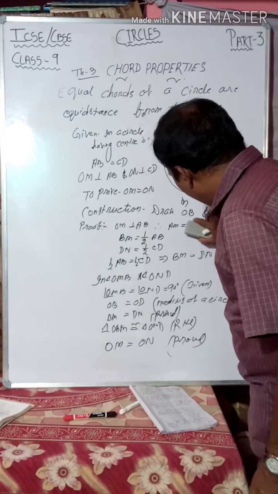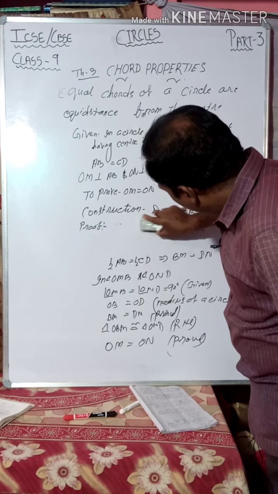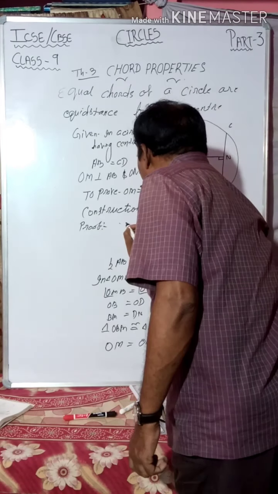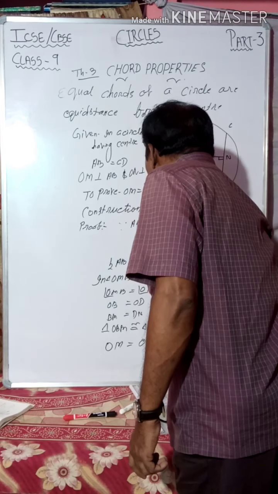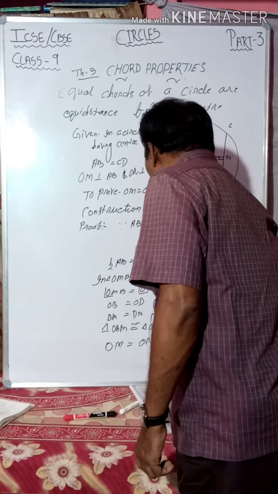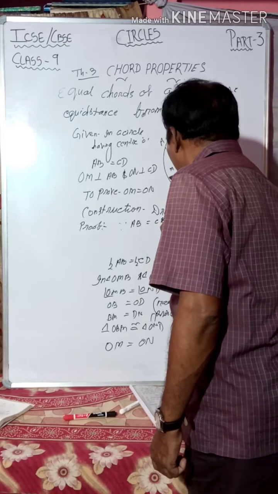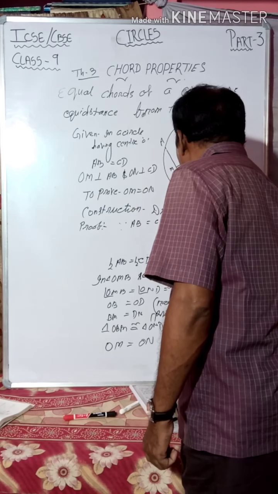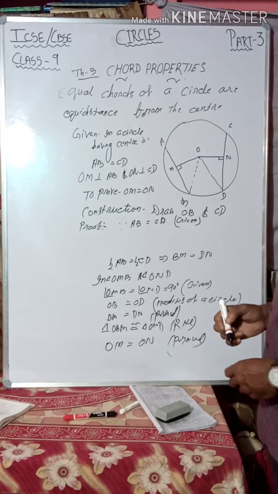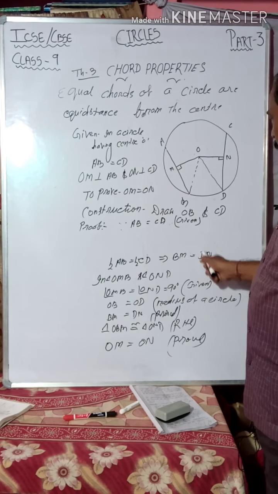Here there is no need to write all this; we can write only this for proper understanding: AB is equal to CD, given. So half AB is equal to half CD, and BM is equal to DN.